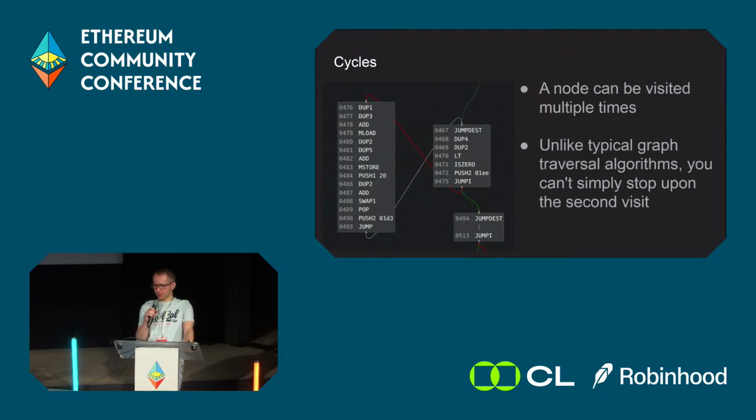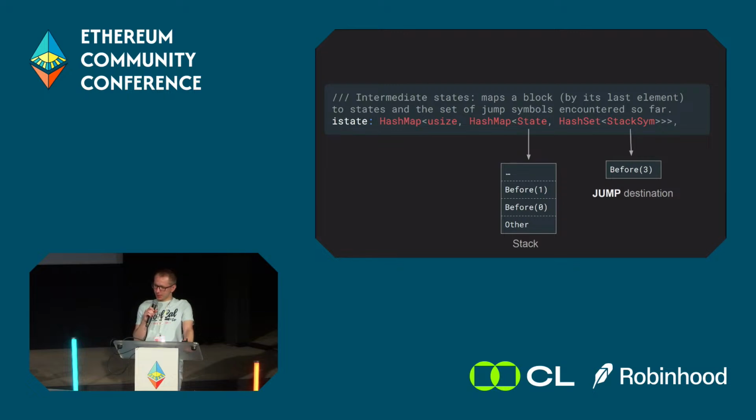But the first problem is cycles, because a node can be visited multiple times, and unlike typical graph traversal algorithms, we cannot just introduce a hash set and never visit this node again if we visited it before. So I introduced another thing which I called intermediate states. If we visited this block and the result of the symbolic stack is completely the same, so we can hash the stack state, that means if we go around, we will definitely end up at the same destination.